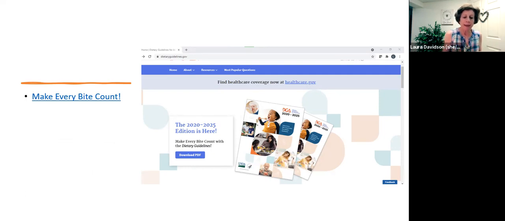Now, when the final dietary guidelines are issued, they don't quite match the committee report of the experts. And that's because after that committee report is given back to the government, the lobbyists, the food industry gets involved. So we always see a little bit of weakening.